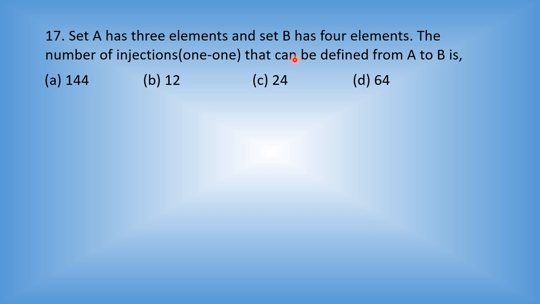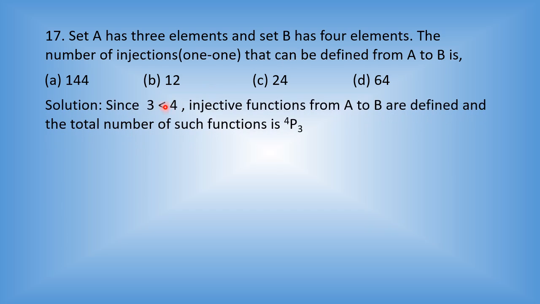So here since 3 is less than 4, injective mapping from A to B is 4P3. So 4P3 is nothing but 4 factorial by 4 minus 3 factorial. The value of this is 4 factorial. So 4 factorial value is 24. Therefore answer is option C.